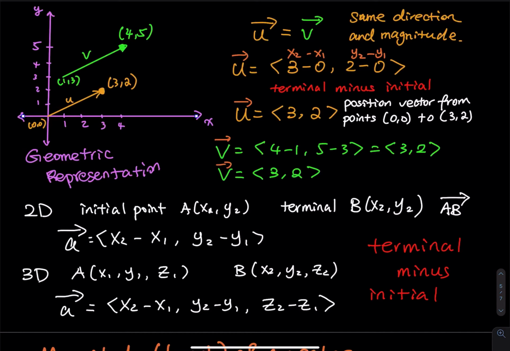For 3 dimensions, the only difference is you have x, y, z in the initial and the terminal. So you take x2 minus x1, y2 minus y1, and z2 minus z1. Just remember that you always take the terminal minus the initial. That sounds very complicated, but the math is easy. Just take the terminal minus the initial, and then you can find the components of a vector.